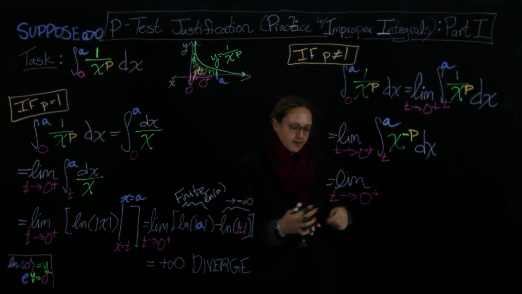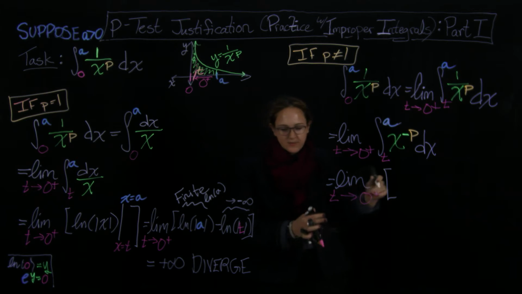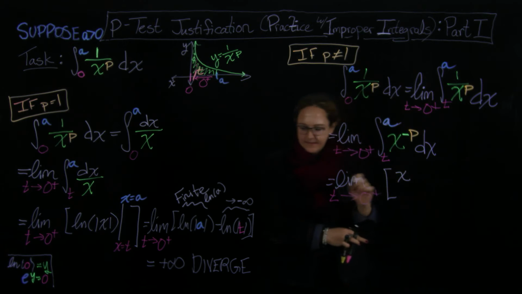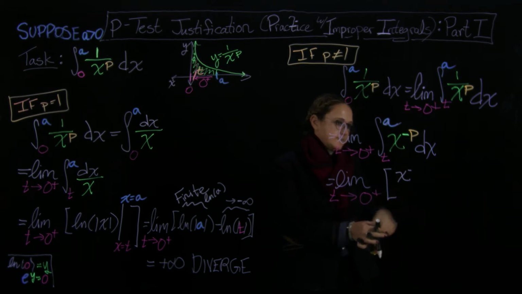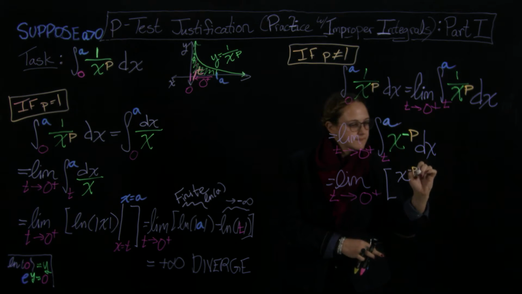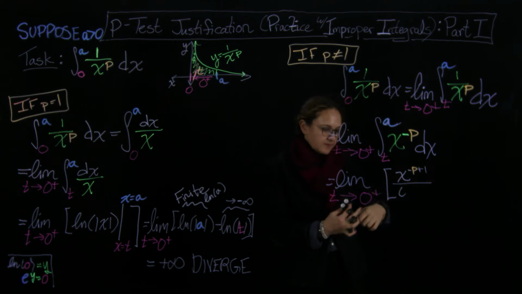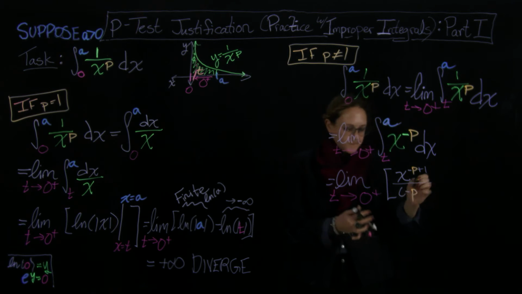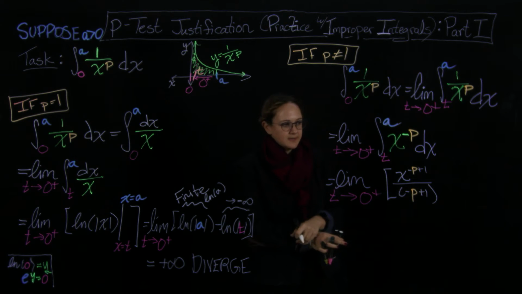Of x to the minus p plus 1 over minus p plus 1, right, just like we would do with any polynomial.